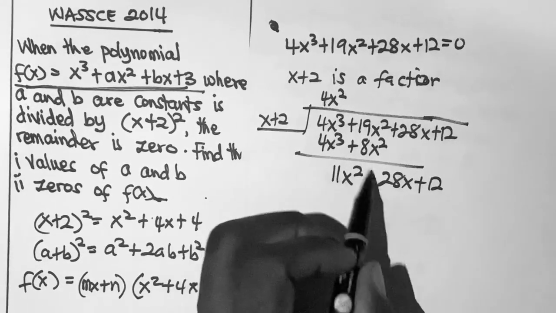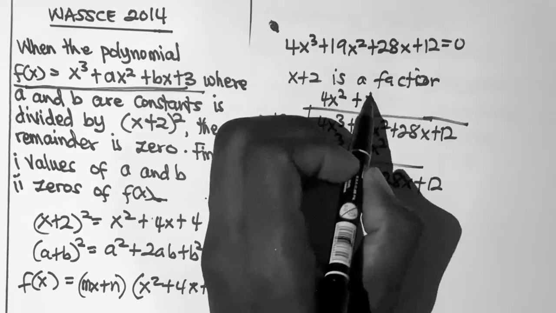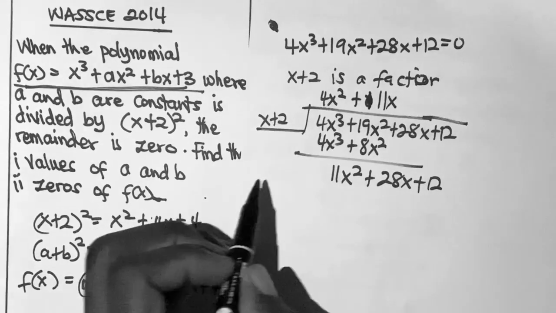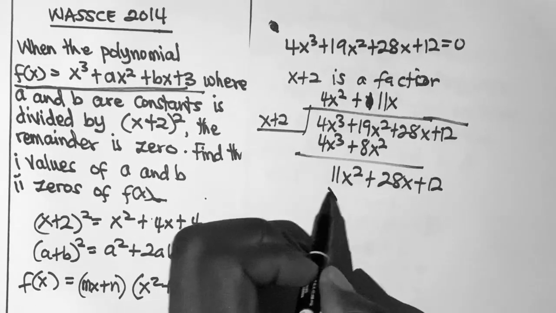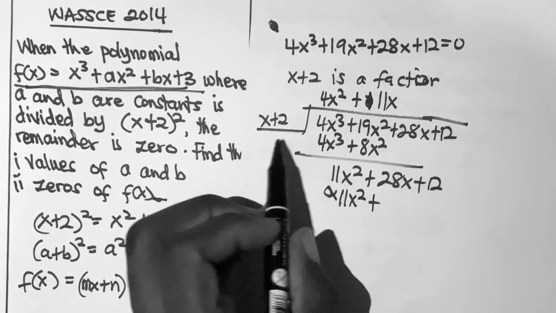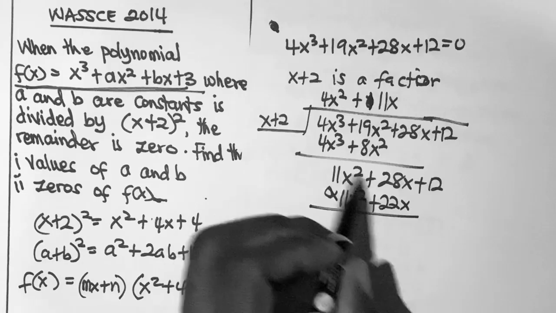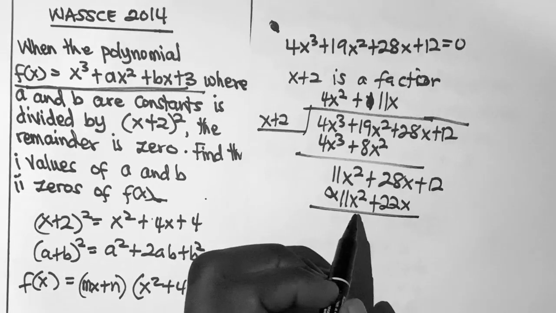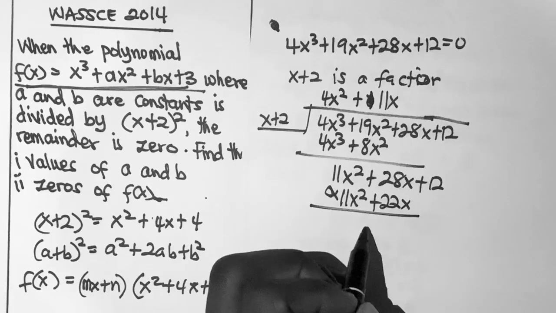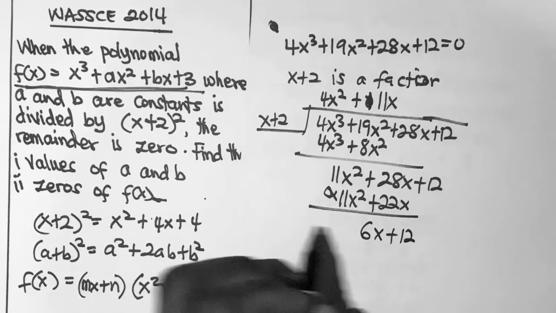Now, 11x squared divided by x is plus 11x. So 11x times x is 11x squared, then plus 11x times 2 is 22x. If we subtract, this side goes to 0. 28x minus 22x is 6x, then plus 12.